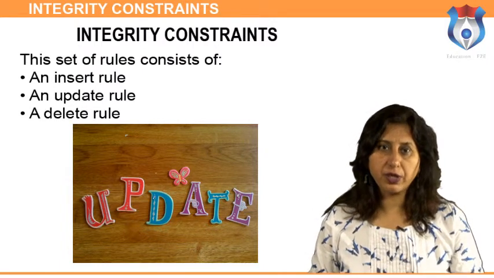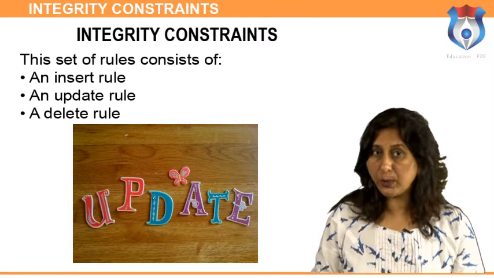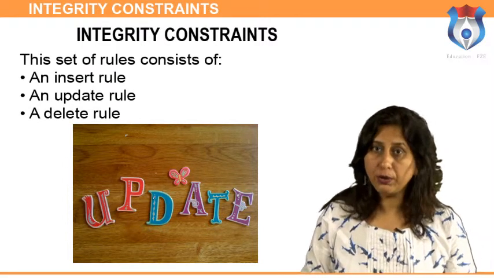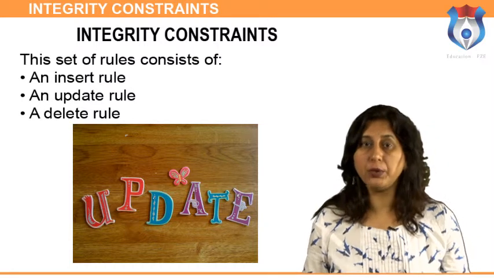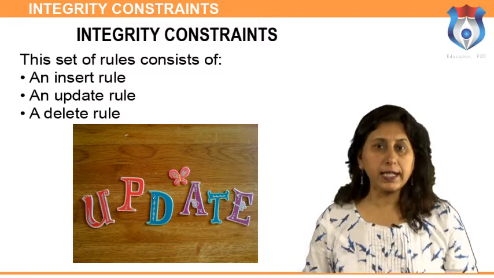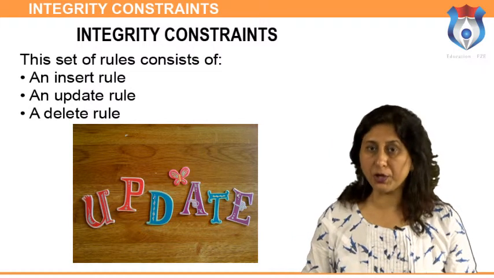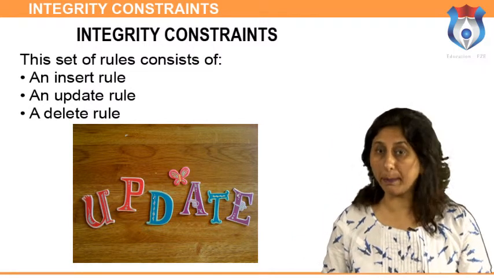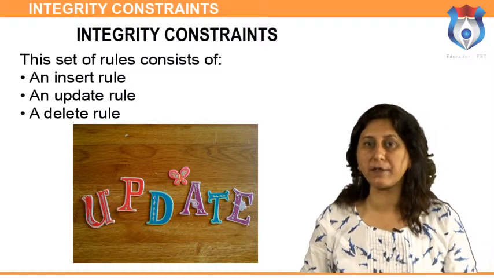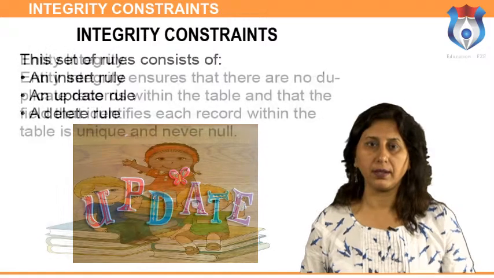An update operation could attempt to change the value in a child table's foreign key columns to a value that has no matching value in the corresponding parent table's parent key. A delete operation could attempt to remove a record from a parent table that has a matching value in a child table's foreign key columns.